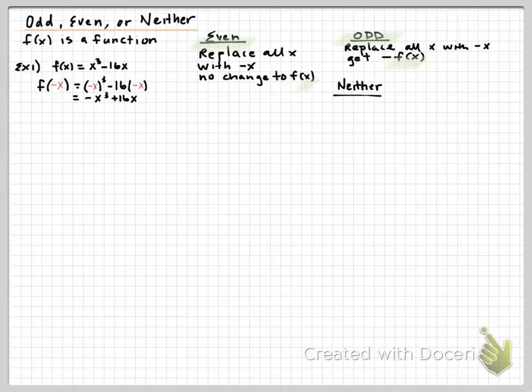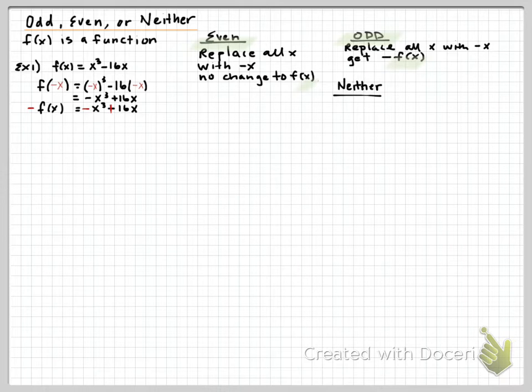And so I get that function, and that function looks a lot like if I took the original function and made the opposite of the original function. For example, if I multiplied the original function by negative 1 on both sides, I also get the same thing, negative x cubed plus 16x.